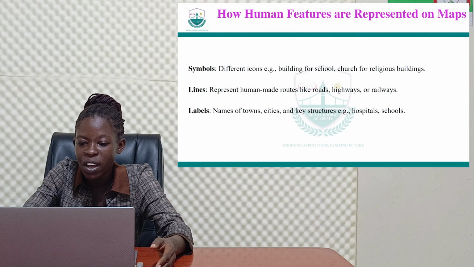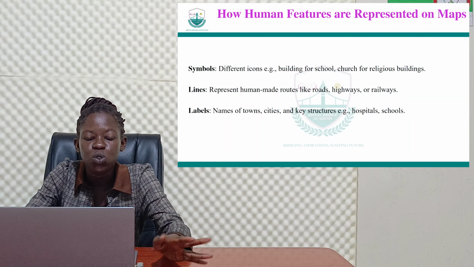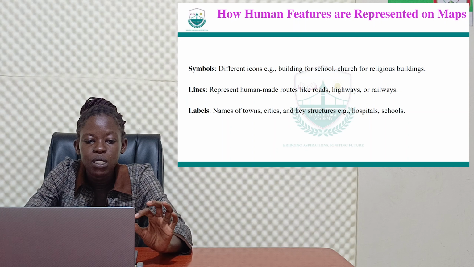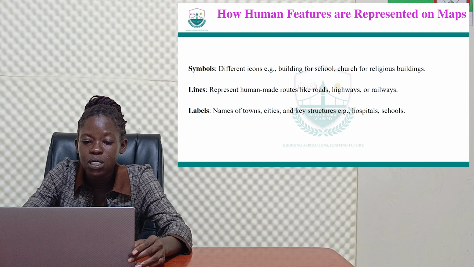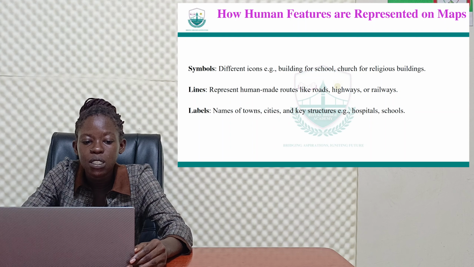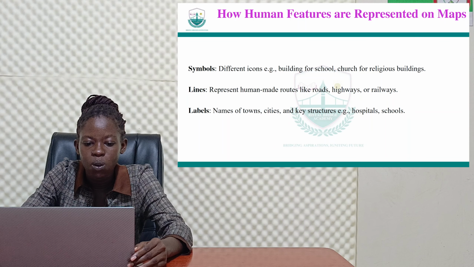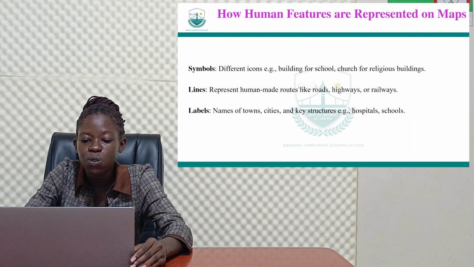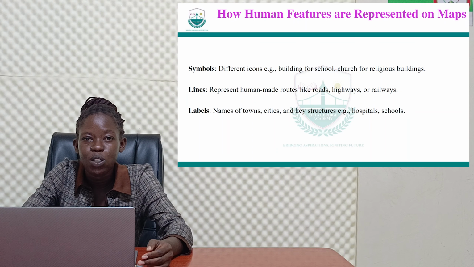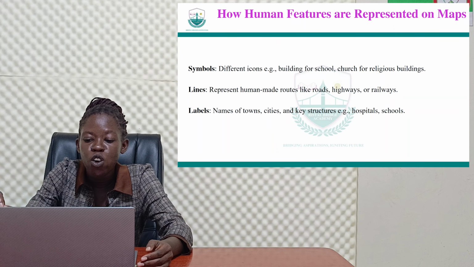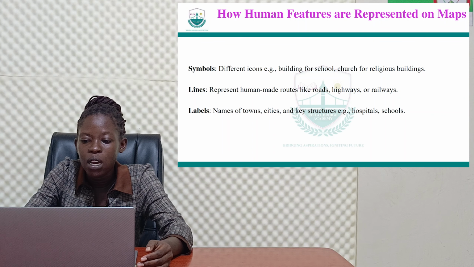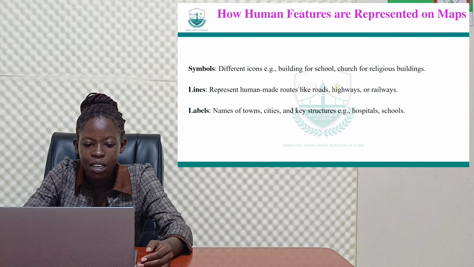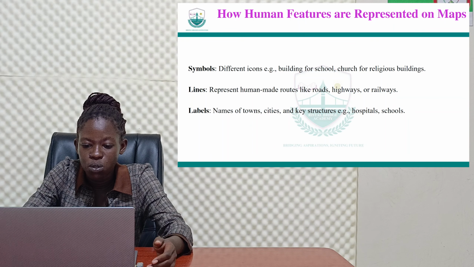There's no need to draw a church as you've seen it in the physical. You can represent it with just a simple structure and a cross on it. It will be enough for a map reader to know that this is a church. And for roads and railways, you can represent them on a map with dashed lines. It will be very easy for a map reader to know that these dashed lines mean a road or a railway line.